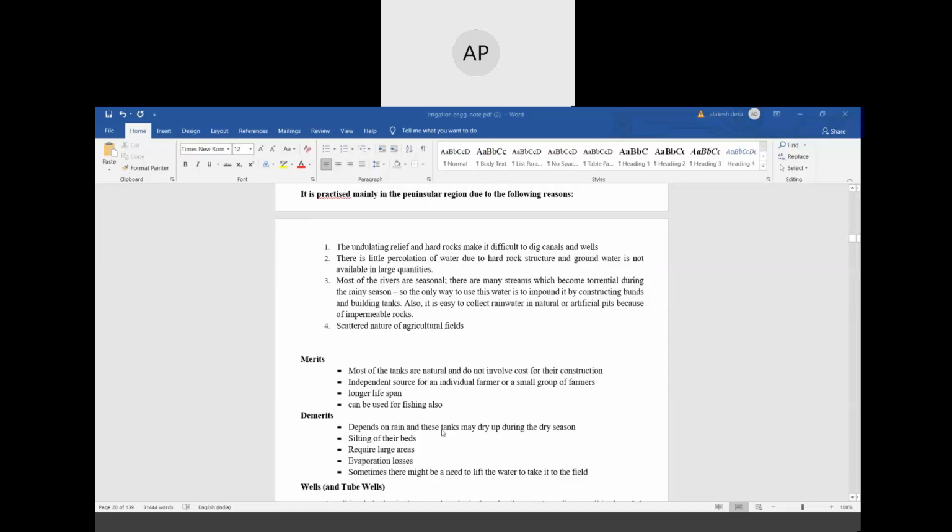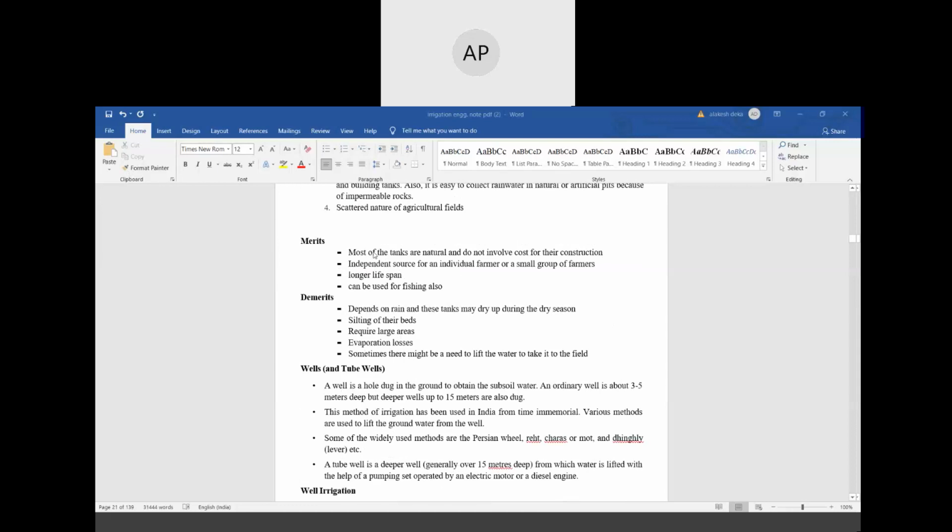Next, there are some merits of this type of tank. The merits are that most of the tanks are natural and do not involve cost for their construction. Next is independence for an individual farmer or a small group of farmers. They have a longer lifespan and can be used for fishing also.